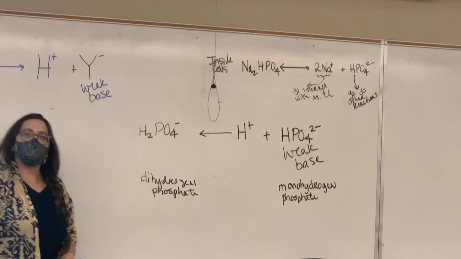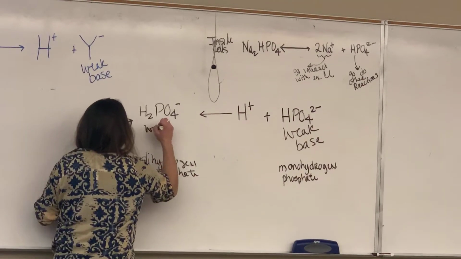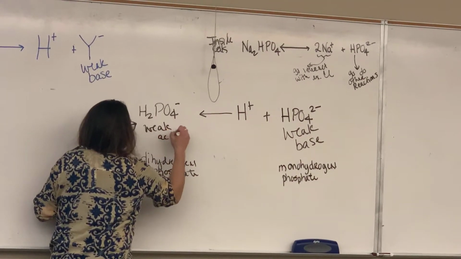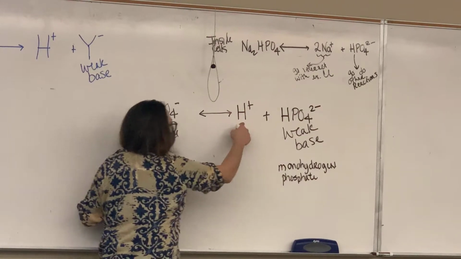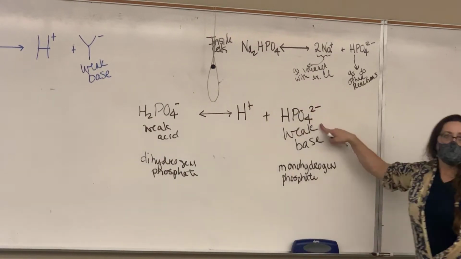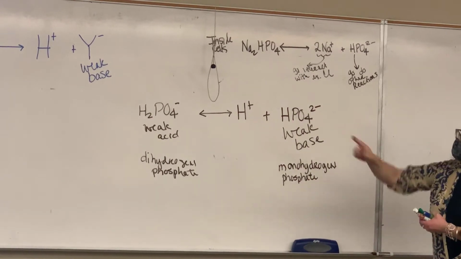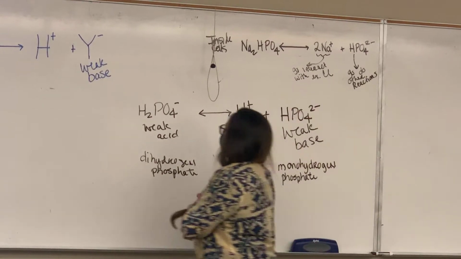And dihydrogen phosphate can act as a weak acid. And if it acts as a weak acid, it can then release hydrogen ions, and then you get an anion as well. So again, we're just following that basic equation up there. I'm going to write this.